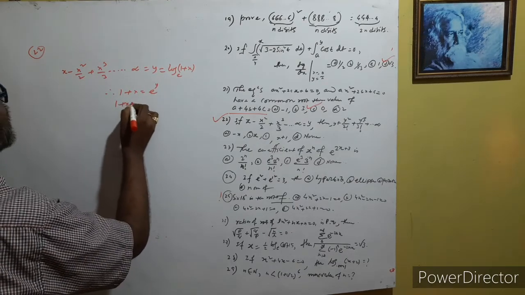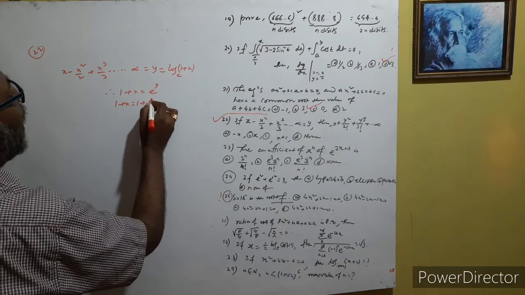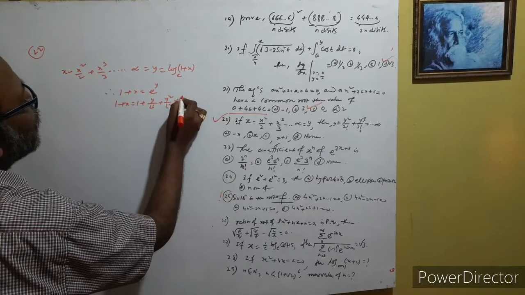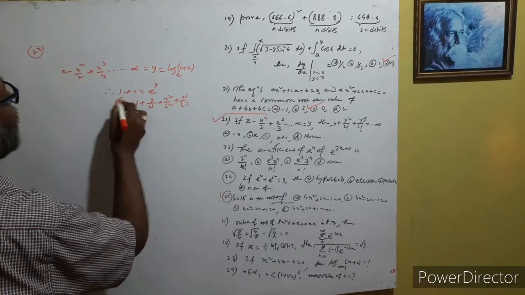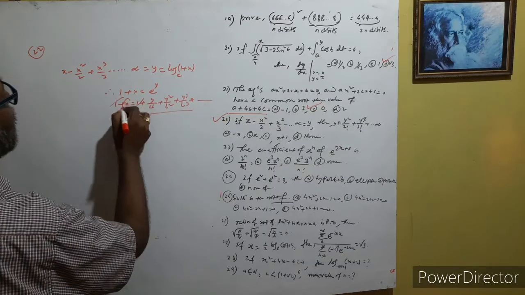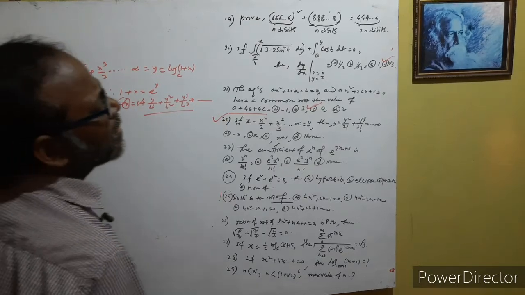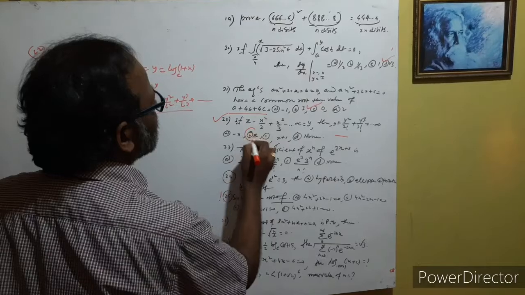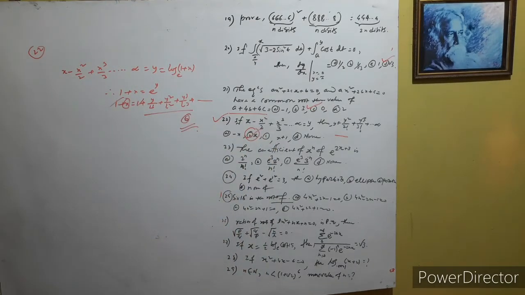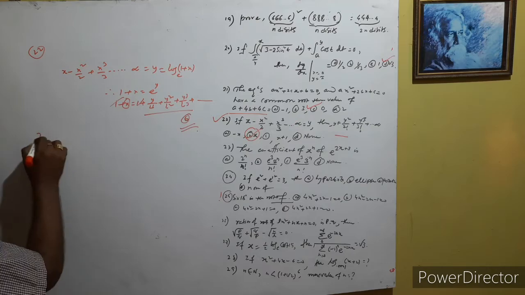So 1 plus x is equal to 1 plus y by factorial 1 plus y square by factorial 2 plus y cube by factorial 3. 1 cancels. So this value is equal to x. Option B. Okay.